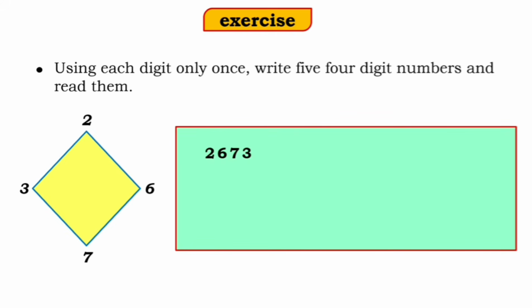So the next number will be 2, 6, 3, 7. That is 2637. Now to form the next 4-digit number, we will interchange the hundreds place and the tens place.